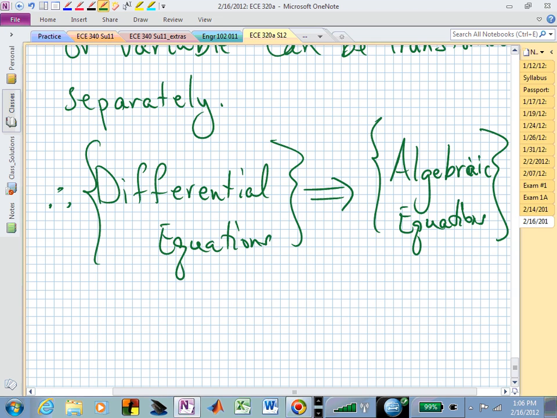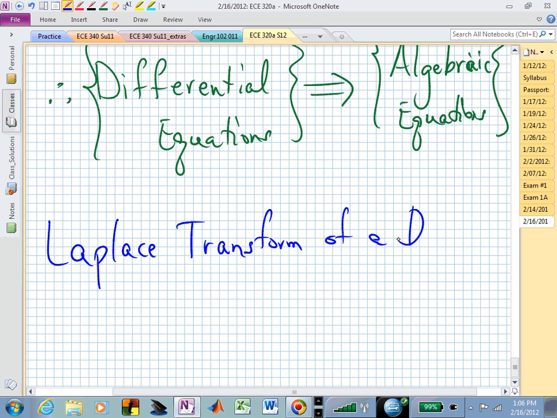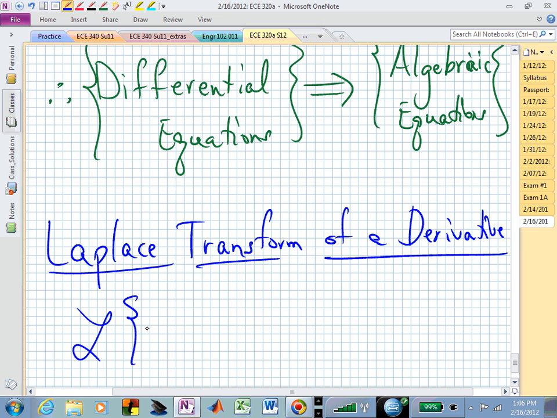We've looked at the Laplace transform of a waveform, two waveforms actually. Now let's look at an operation and see if we can find what happens when we perform the Laplace transform on an operation. And one of the most frequent operations we have is the derivative. Meaning, what happens when we Laplace transform not f of t, but its derivative?